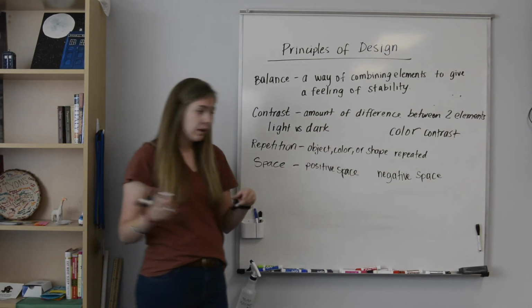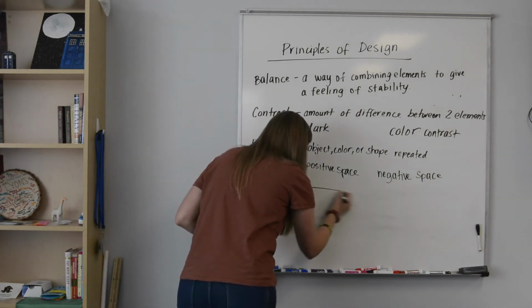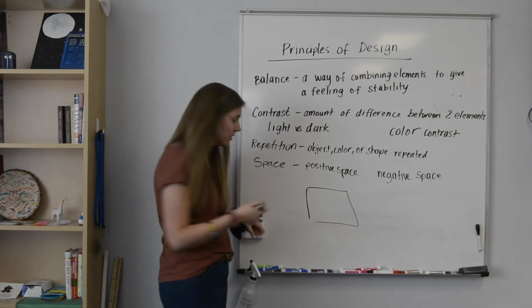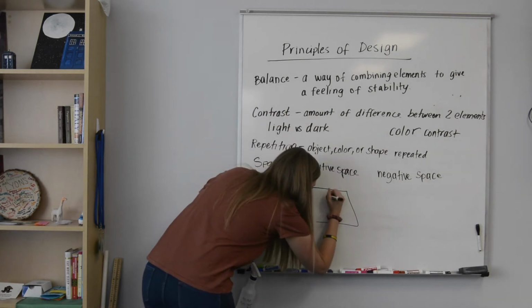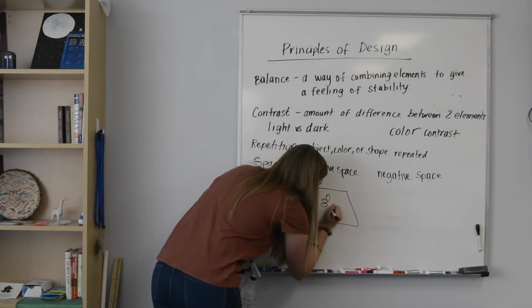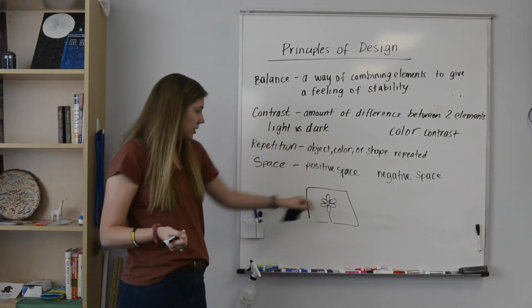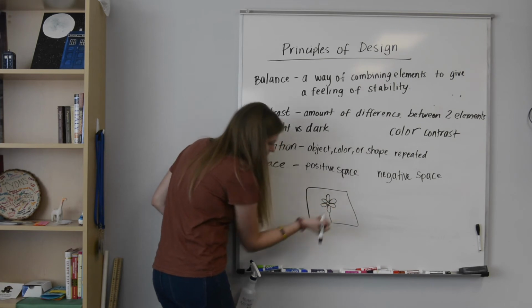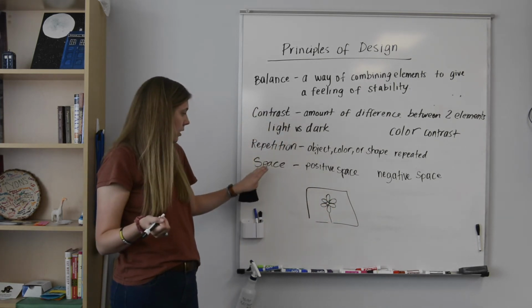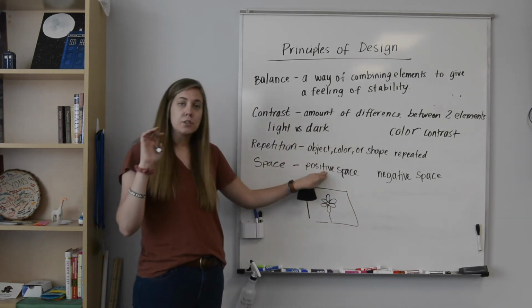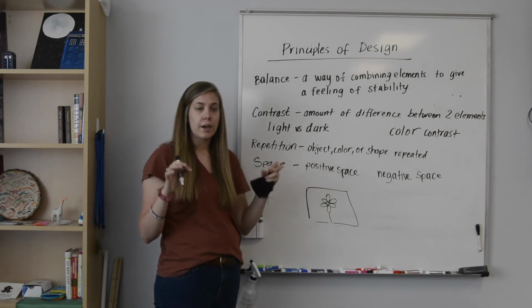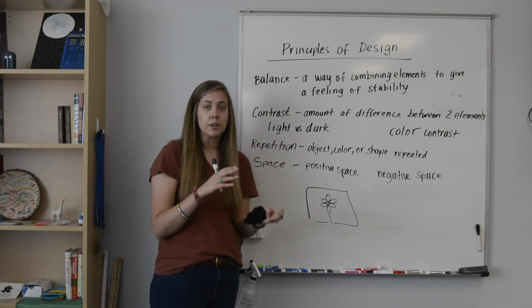So in a photograph, let's pull up that photograph that I invented of that daisy or flower that I had drawn a little while ago when I talked about balance. So here's that flower I made. Positive space is the part of a photo that has details or the area of interest.